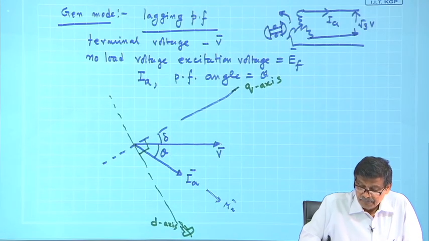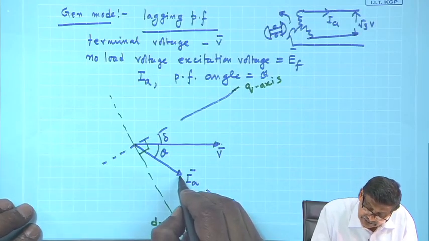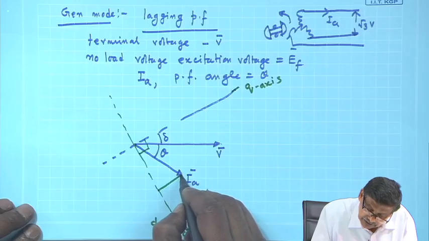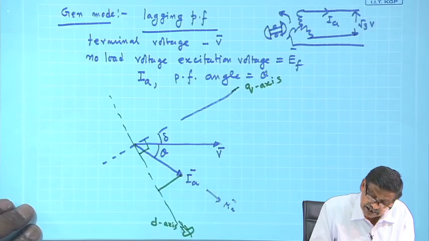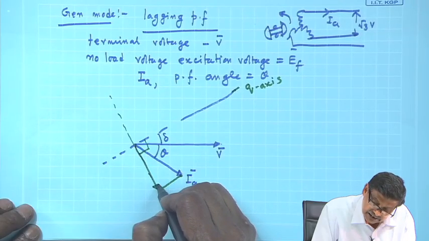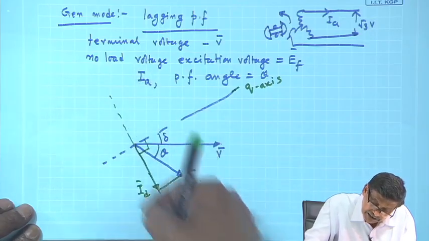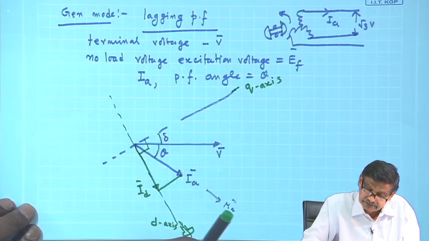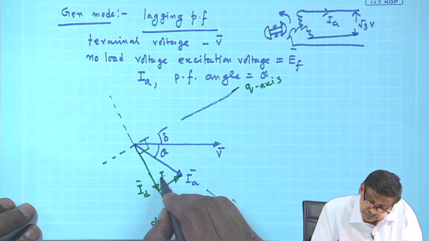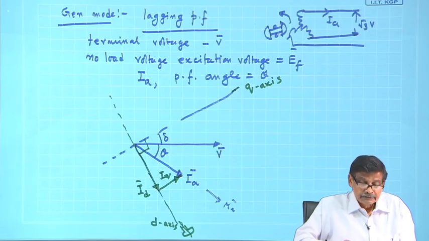If this is the d axis, then from the tip of the armature current I will drop a perpendicular onto the d axis, and I will say this is your Id. Md will be created here, always with constant reluctance, and this will be your Mq or Iq. Is that clear?